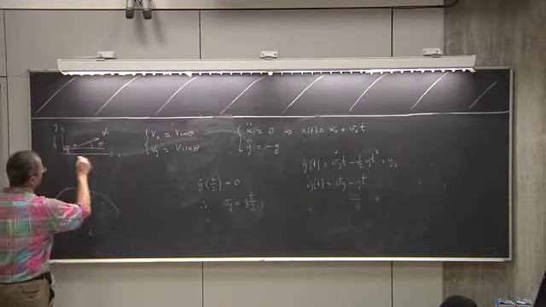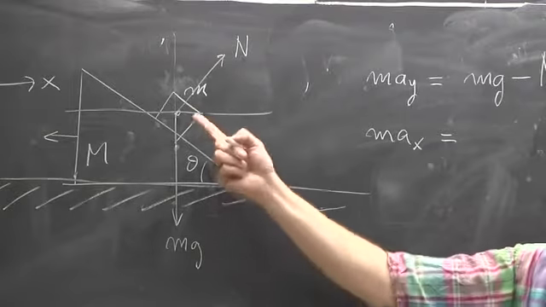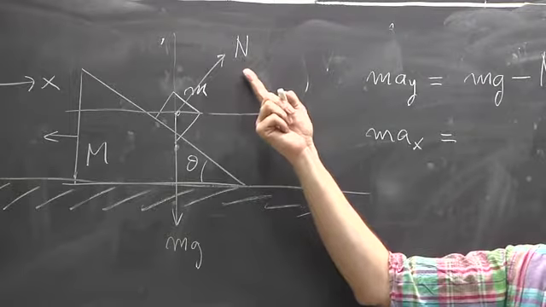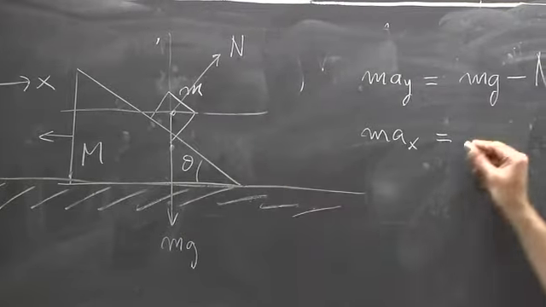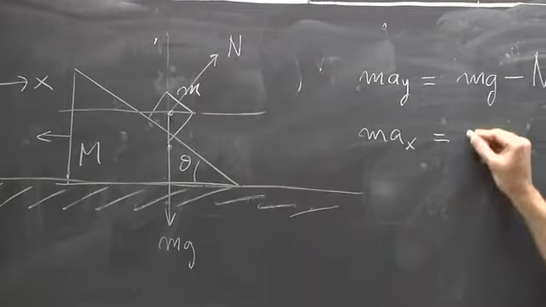Then I have the acceleration of the little block in the other direction, the x direction, so I have m a sub x. And what is that? Well, in this direction there is no gravity. I only have the other component of the reaction, that is n sine theta.